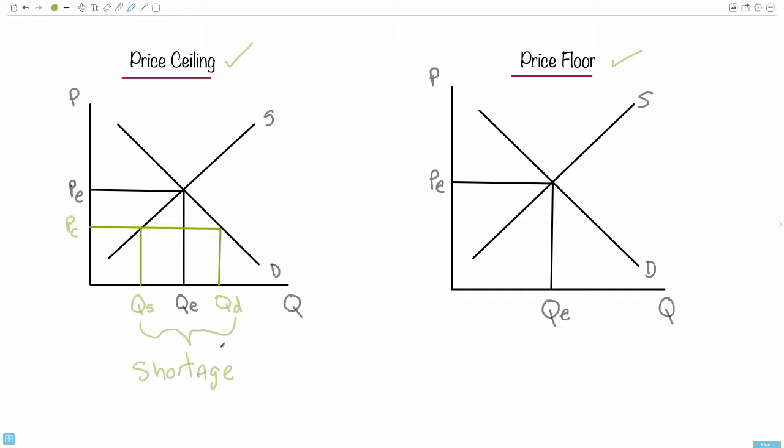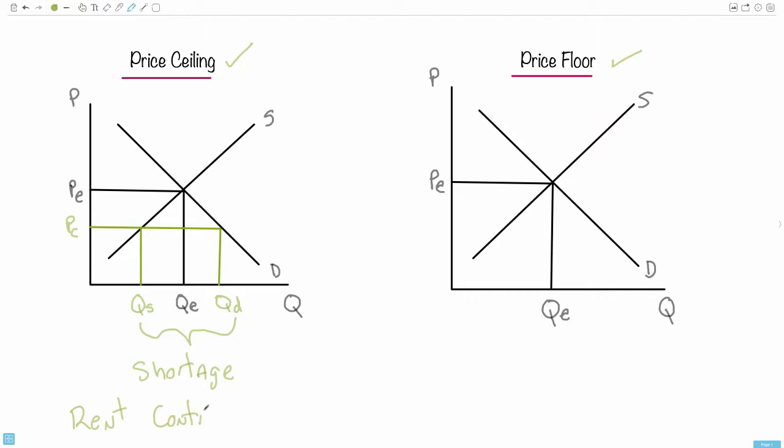Now, you are probably thinking, why would the government do that? Well, sometimes governments believe that the price of equilibrium is too high, and therefore in order to ensure that consumers have access to this particular good or service, they establish a price ceiling. A typical example of this is rent control.